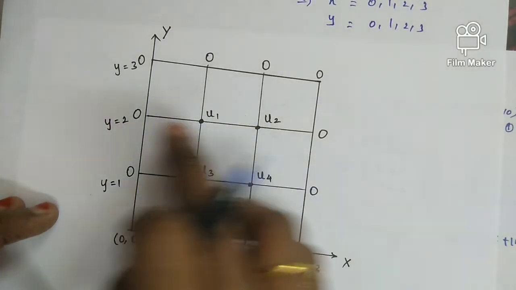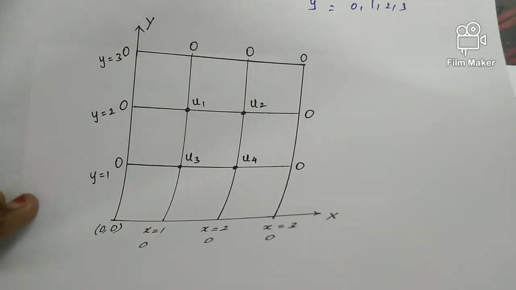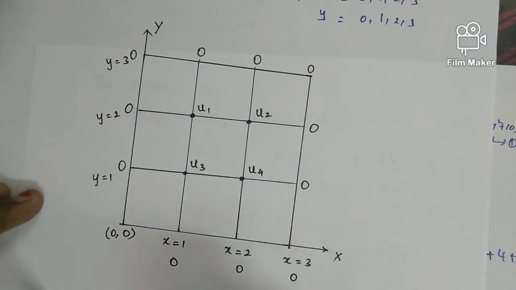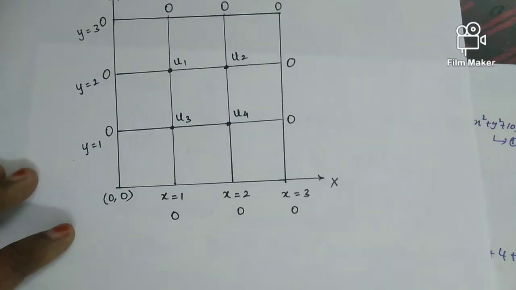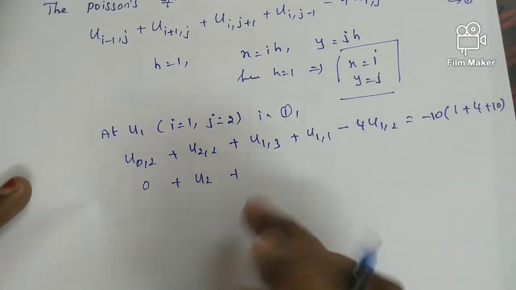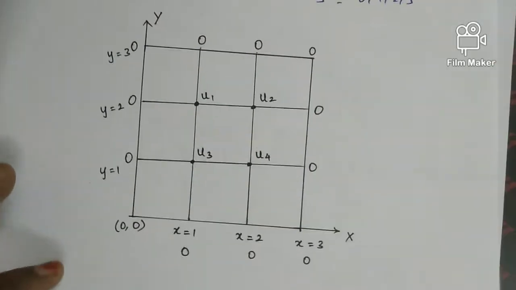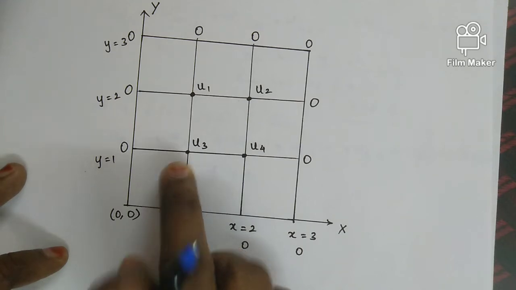u(2,2) means i equal to 2, j equal to 2, the point is u2. So, the next one is u2, plus u(1,3), i equal to 1, j equal to 3, that is on the boundary, so u(1,3) is 0. In the place of u(1,3) we can put 0, plus u(1,1). u(1,1) means i equal to 1, j equal to 1, that is u3.